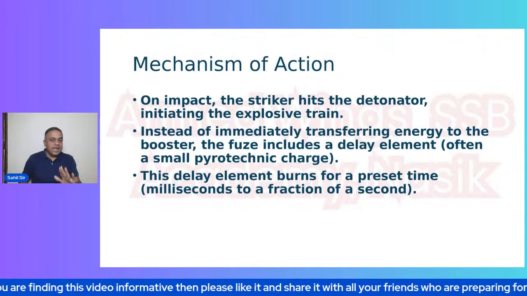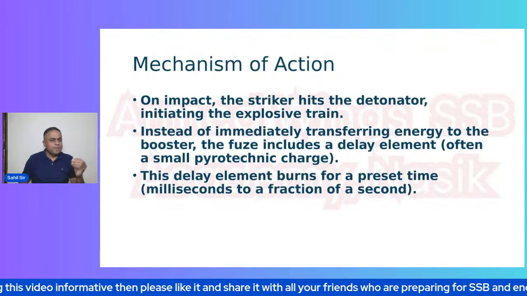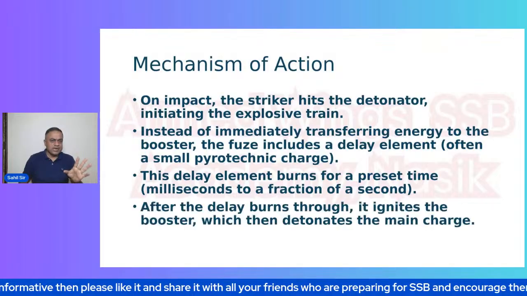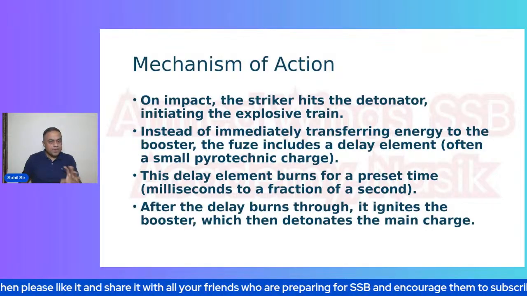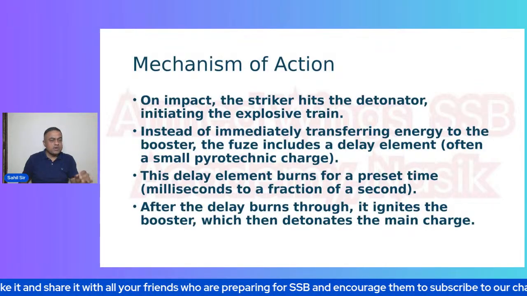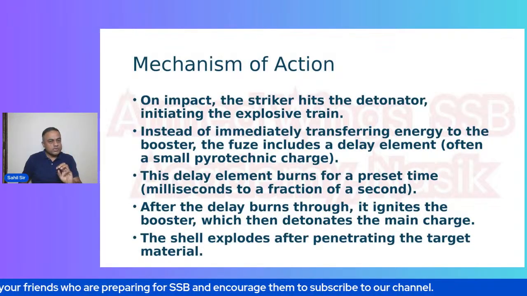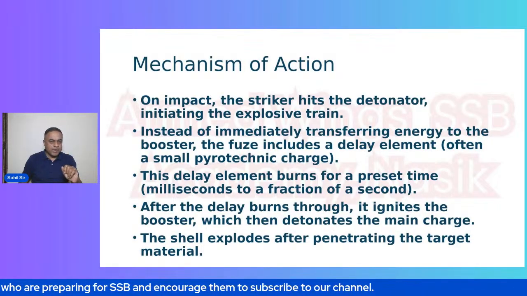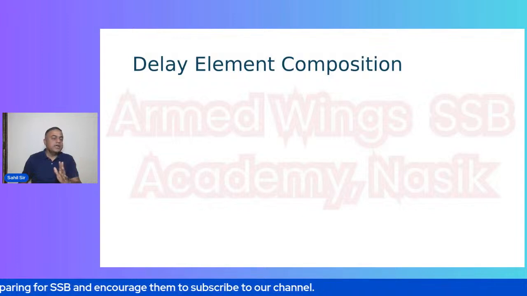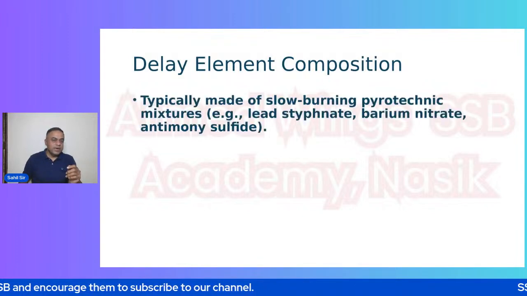So this delay element burns for a preset time, milliseconds to a fraction of a second. After the delay burns through, it ignites the booster, which then detonates the main charge. The shell explodes after penetrating the target material. Delay element composition: what is this delay element made up of?